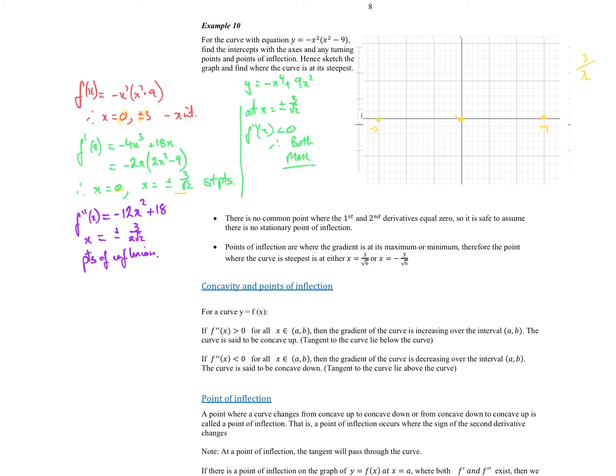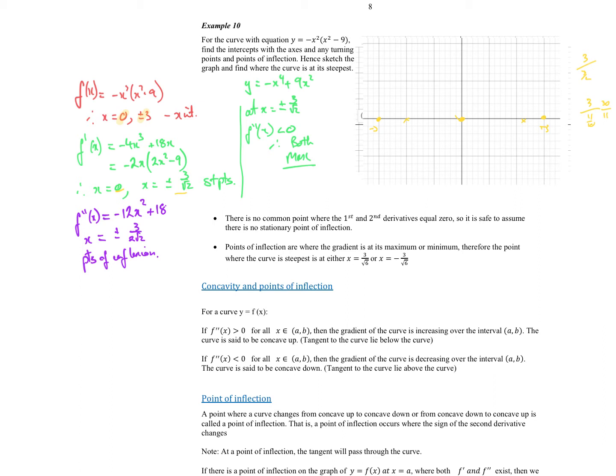Probably not, but that's okay. No, it's closer to 3, isn't it? Anyway, so we have stationary points, we'll say in there somewhere.